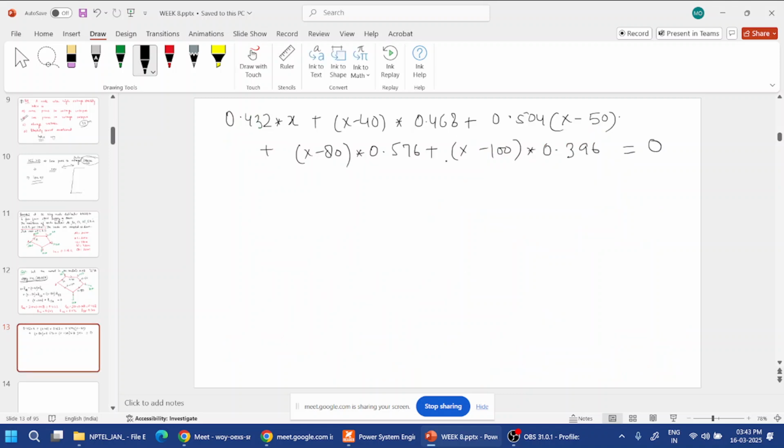I hope I have written the correct equation, because in changing the slides it gets distracted.